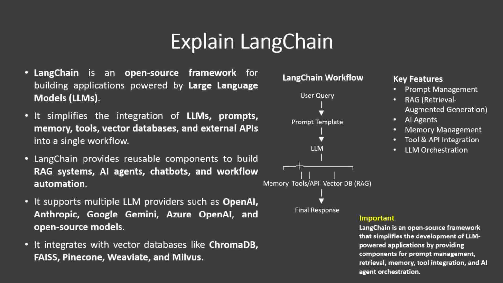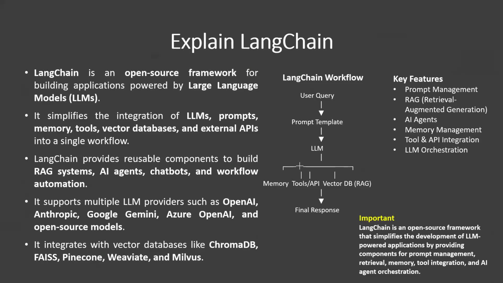Explain LangChain. LangChain is an open source framework for building applications powered by large language models. It simplifies the integration of LLMs, prompts, memory, tools, vector databases, and external APIs into a single workflow.